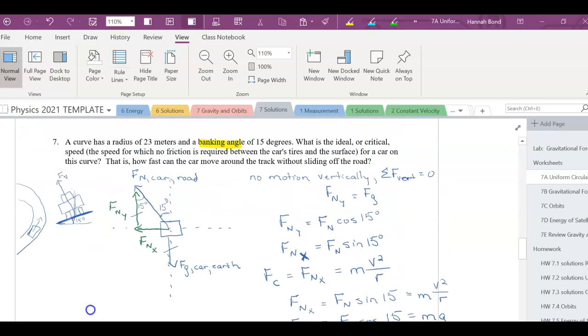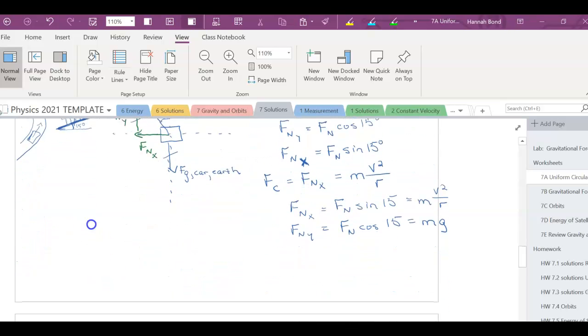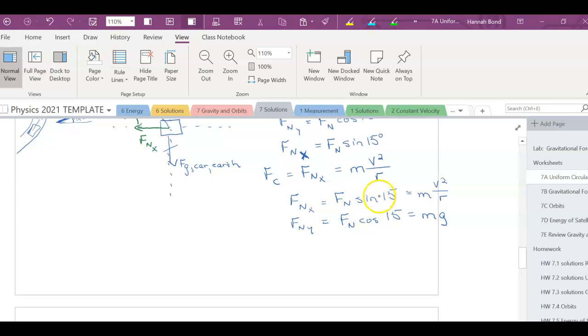In this problem, they have not given me the mass of the car, but don't feel like we're stuck there, because we can take the sine over cosine, and that is equal to the tangent, right?